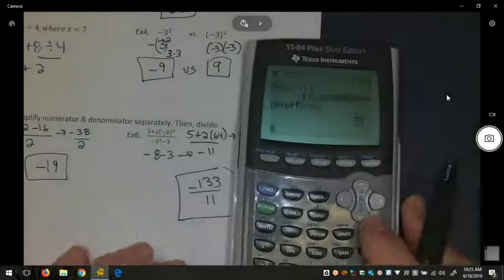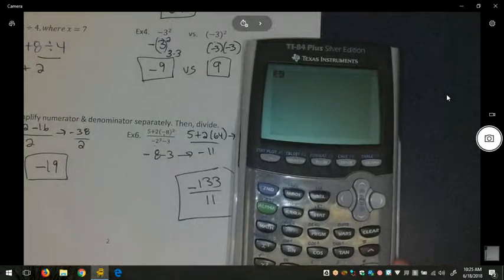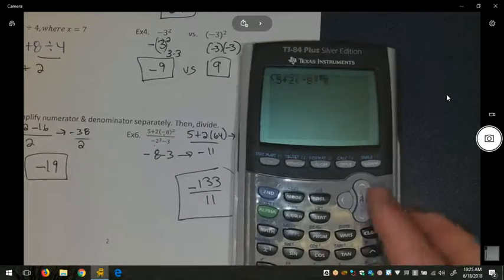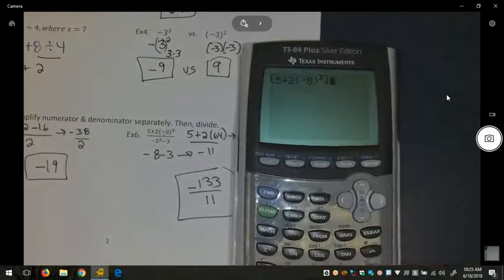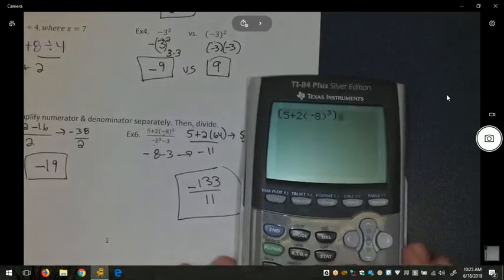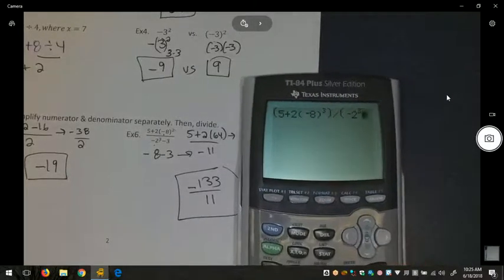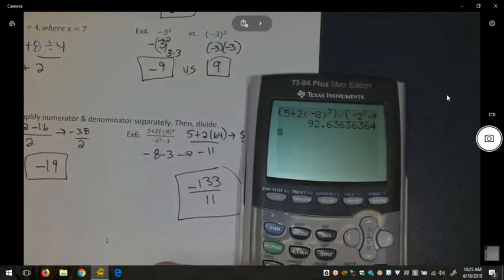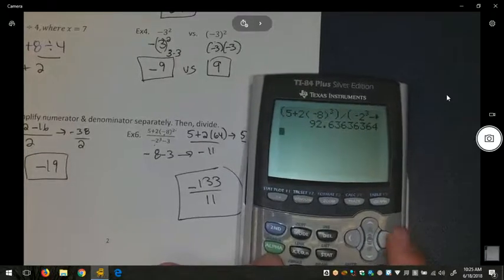So let's again look at how to do this in the calculator. We have 5 plus 2 times negative 8 cubed, close parentheses on the numerator, divided by negative 2 to the third minus 3, close parentheses on the denominator. And I feel like I did something wrong here, hold on.